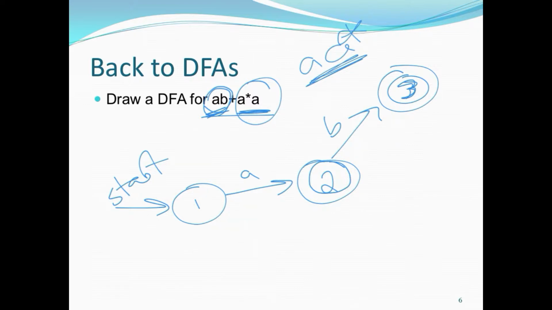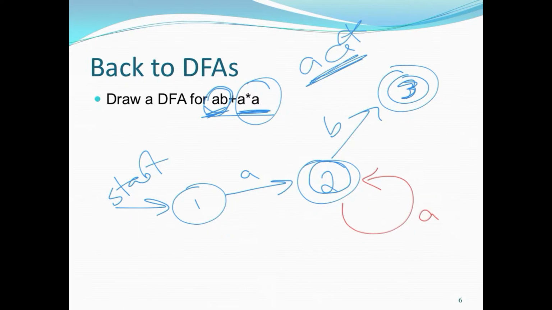And what you need to be careful about is we don't want to just put a loop here, right? Because if I put a loop here with that A, then that would allow me to have the string A, B, which is not in my language. So it would certainly accept A, but it would also accept A, B, which is no good. So we got to get rid of that loop.